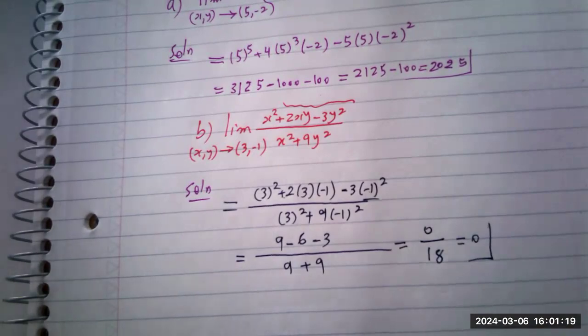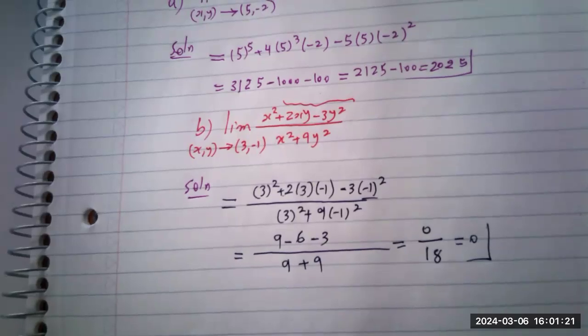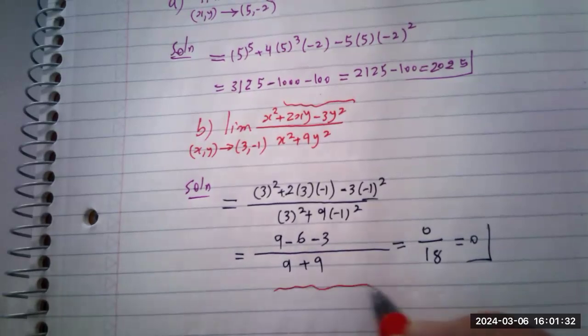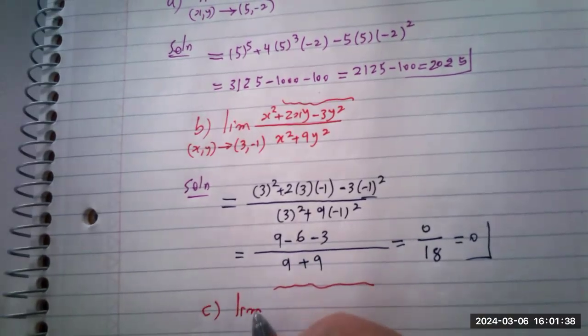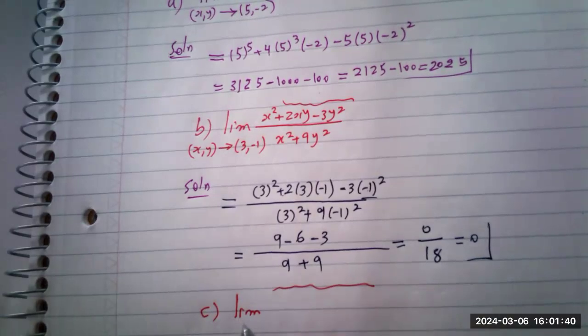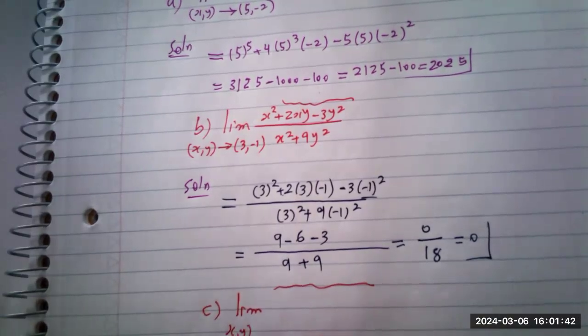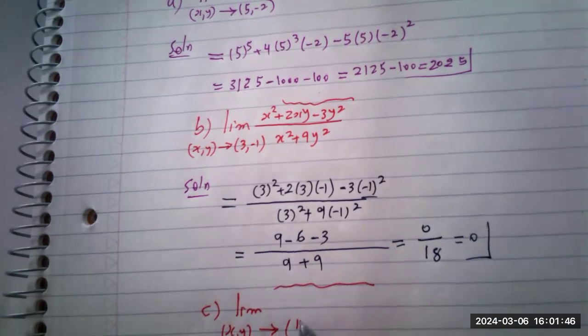So pick one of them when you put them all together. That was part B. Part C, a trigonometric function, but a straightforward one. In part C, you want to find the limit of this function, where (x, y) goes to (pi/2, 0).